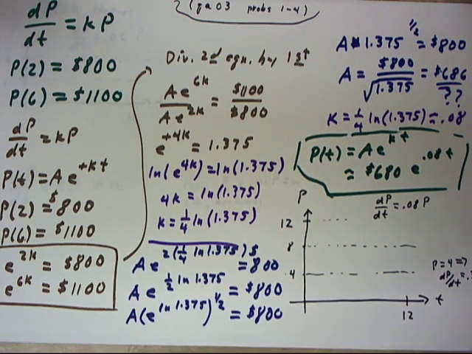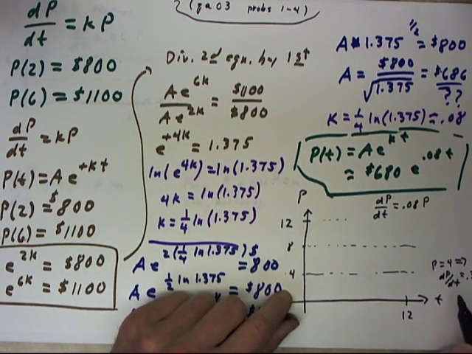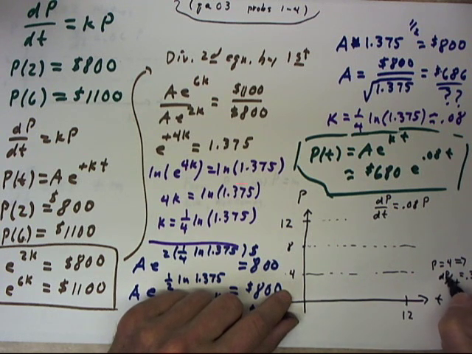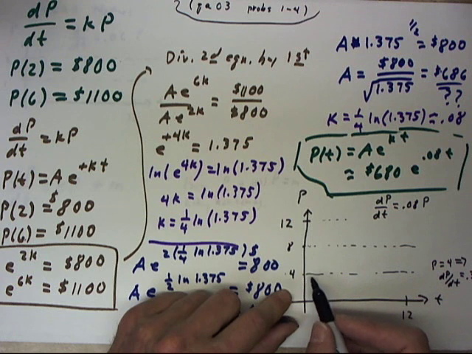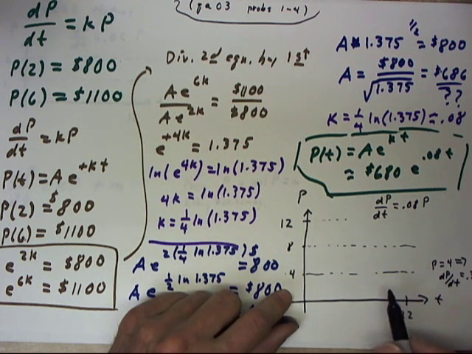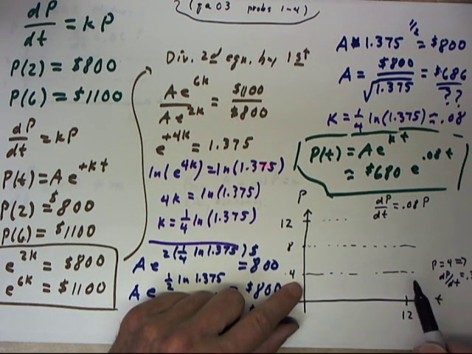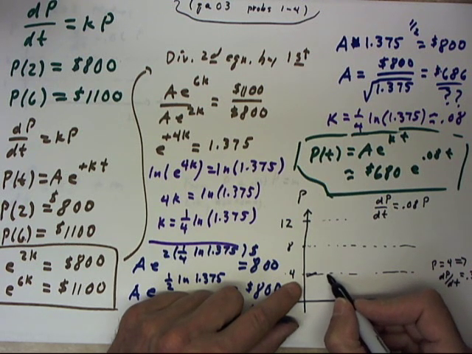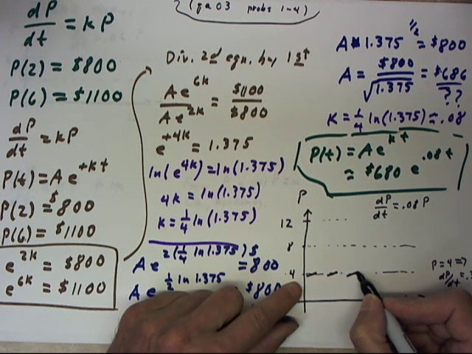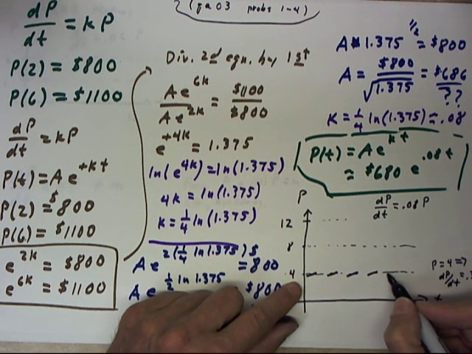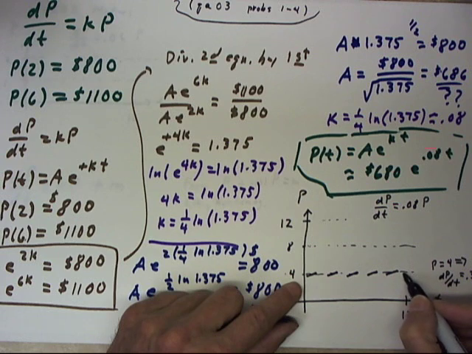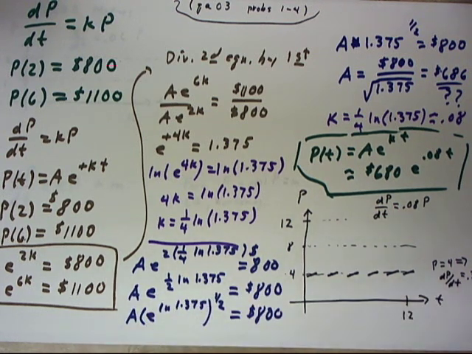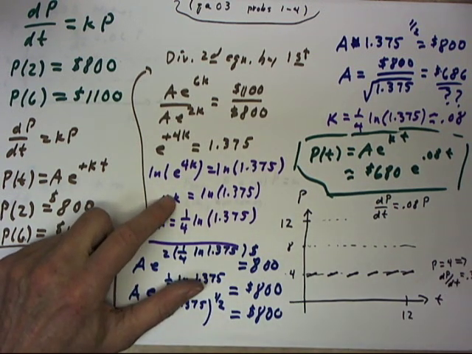Now that would imply that our graph has a slope of 0.32 everywhere where P equals 4. We've drawn a dotted line where P equals 4, and we're going to draw a bunch of slope segments that I think might approximate 0.32. Might be a little steep, but we can live with that.